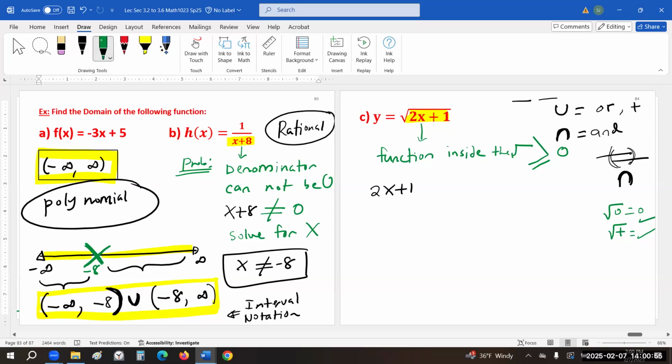That thing, whatever that is, has to be bigger than 0, or it can be equal to 0. And now from there, solve for x. That will tell us individually from what x value we are allowed to plug in our numbers.